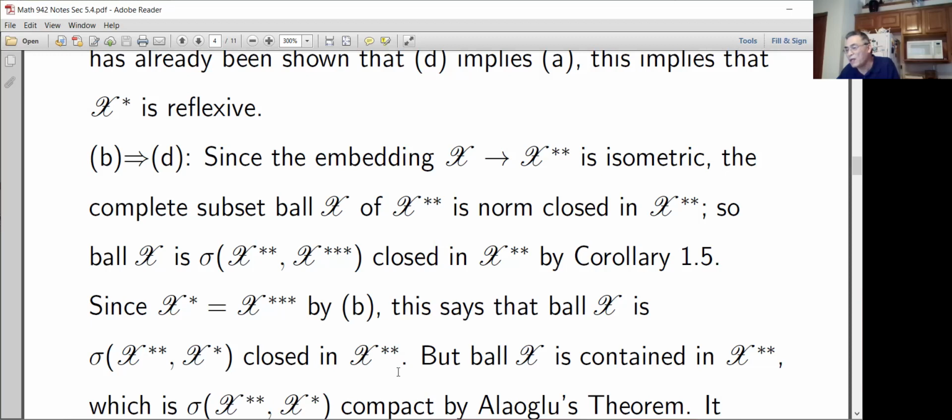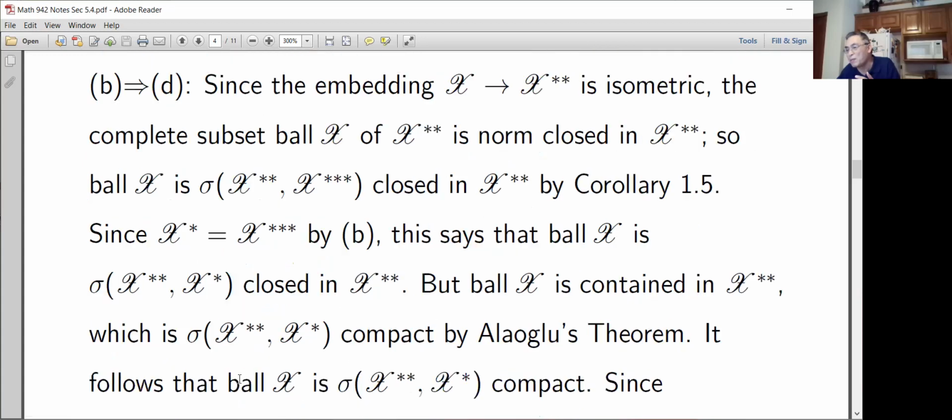But by Lagrange's theorem, ball X double star is compact in this topology. So now you have a closed subset of a compact set. So this set must be compact. So the ball of this is compact in this topology.